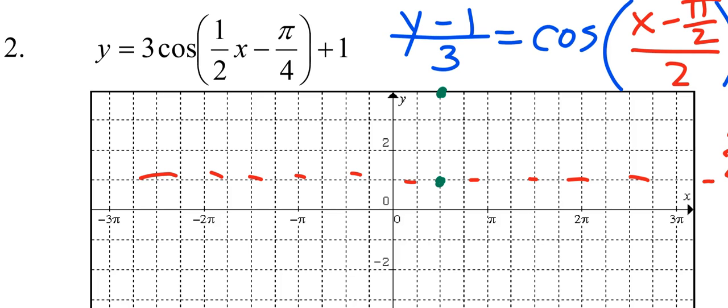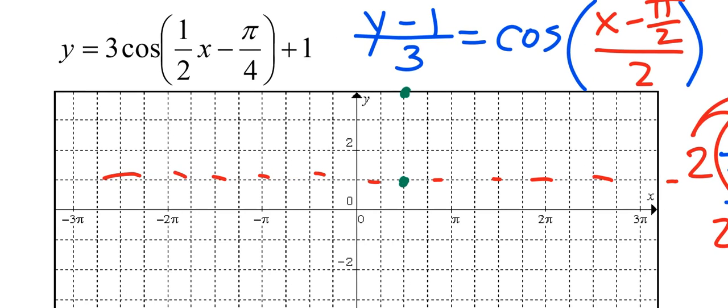Is there enough distance to go back to the left to find the top of the previous hill? Could we do that? Because that's still off the graph, isn't it? So that didn't help us.